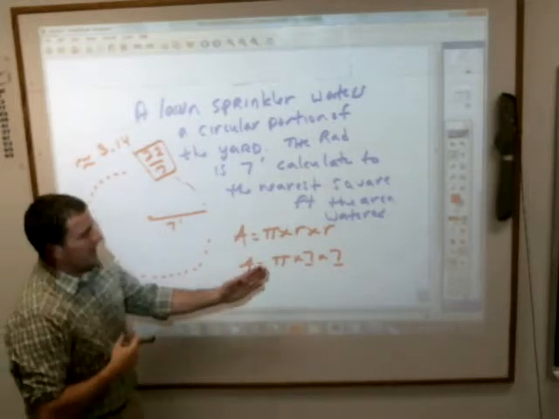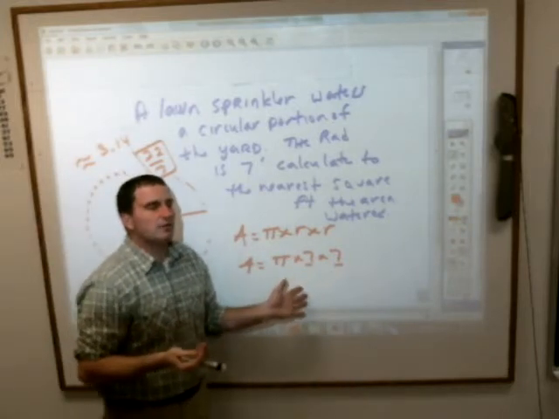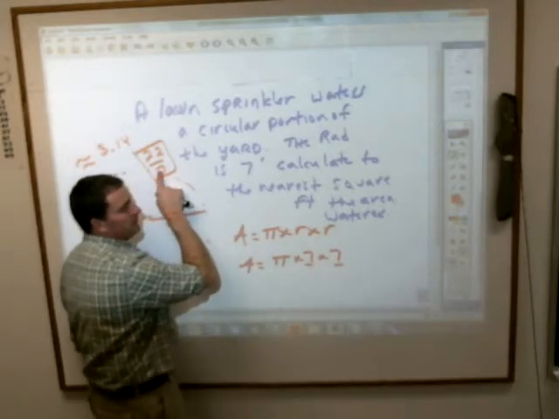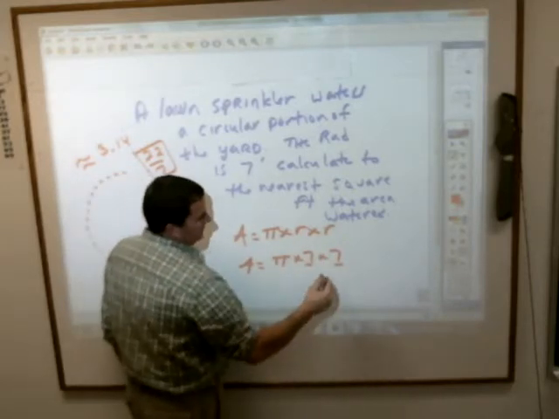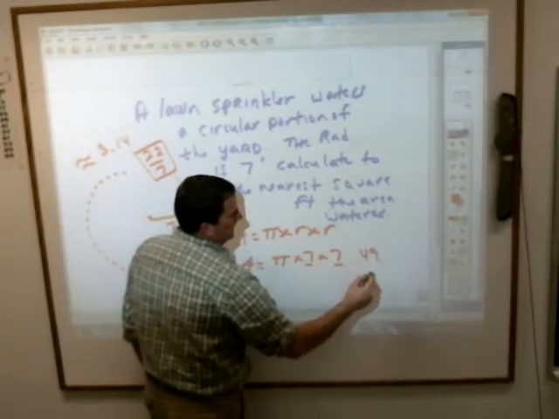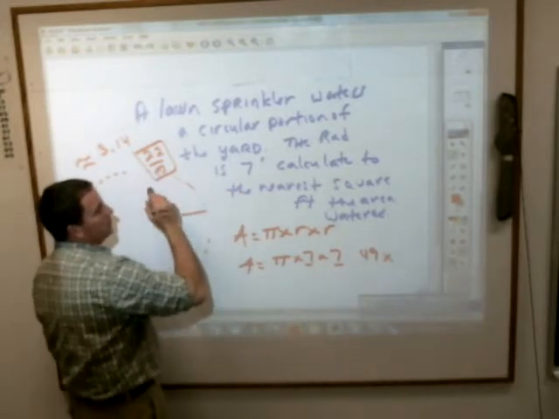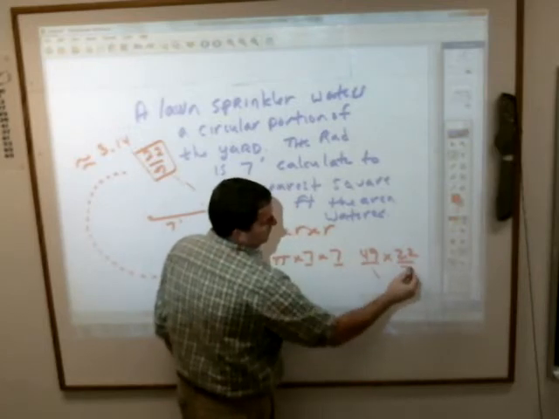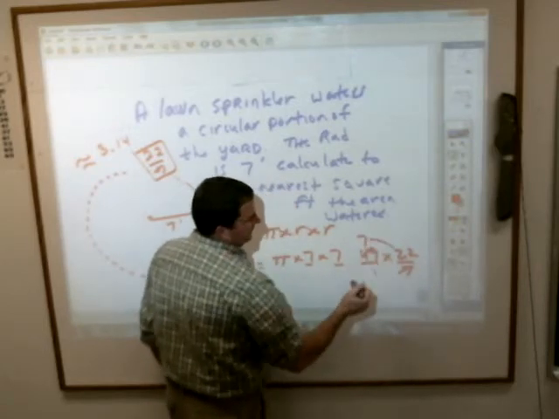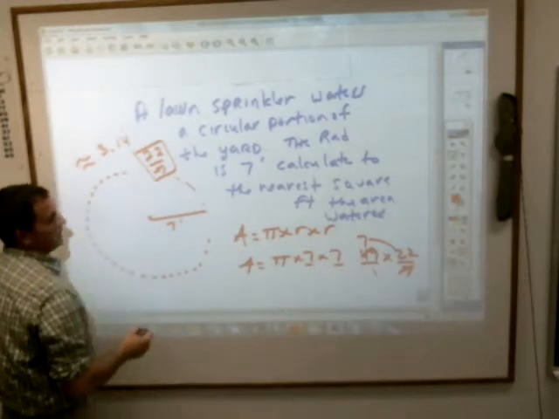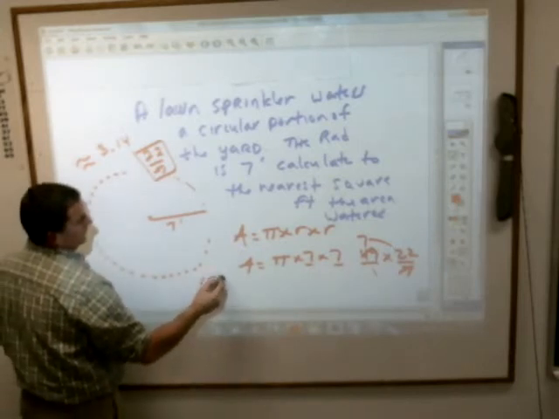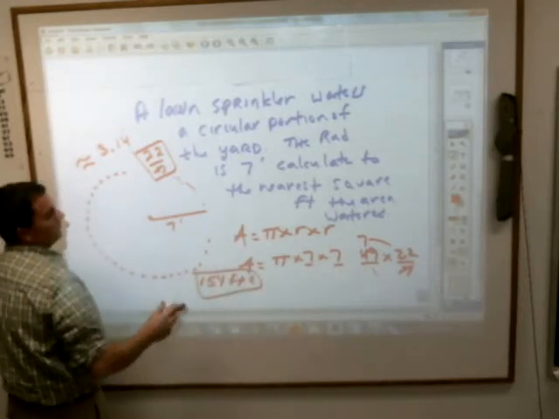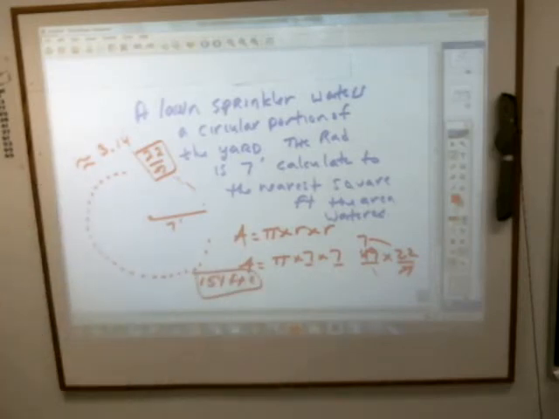But if the radius is some multiple of 7, use 22/7, because you can divide 7 by 7 very easily. In other words, 7 times 7 is 49. And if you multiply 49 times 22/7, the 7 cancels with 49, and you end up with 7 times 22, which is 154 feet squared. It's much easier than 3.14 doing all that long multiplication.